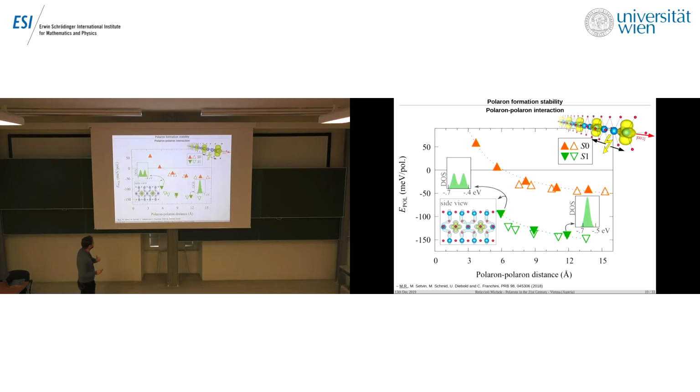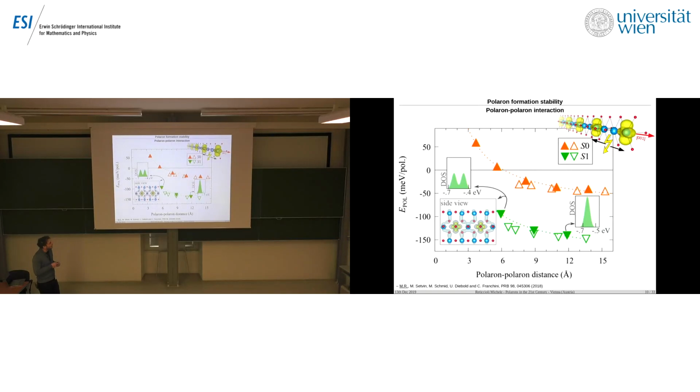One important thing: we didn't manage to put polarons even closer than that. We reached the distance of 6 angstrom, which corresponds to 2 lattice sites. We didn't manage to put these polarons just next to each other because the overlap would be too strong and the energy would be too bad.